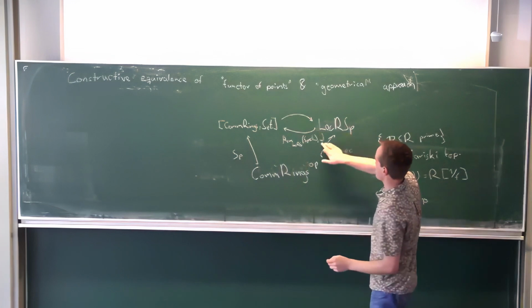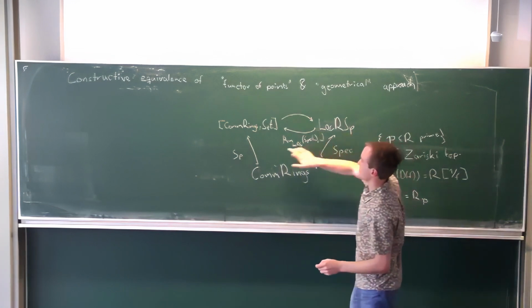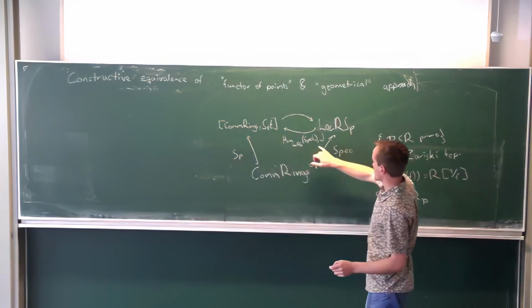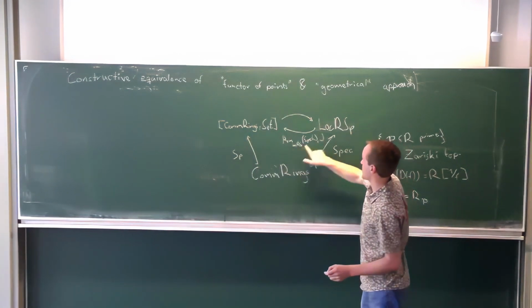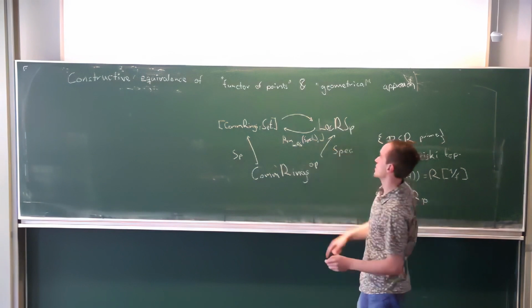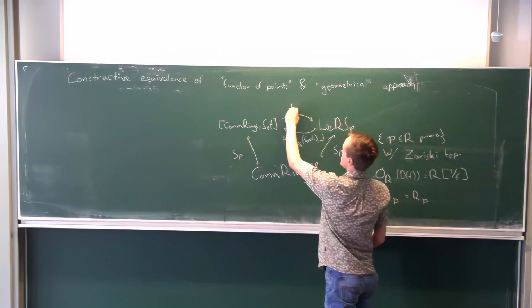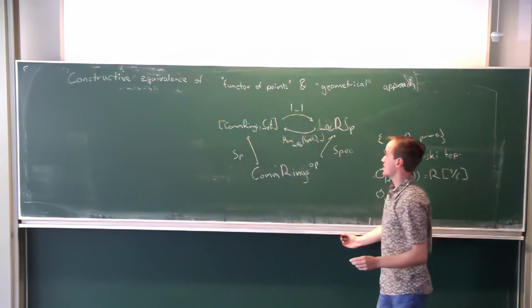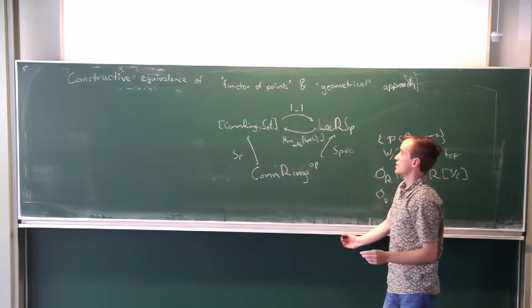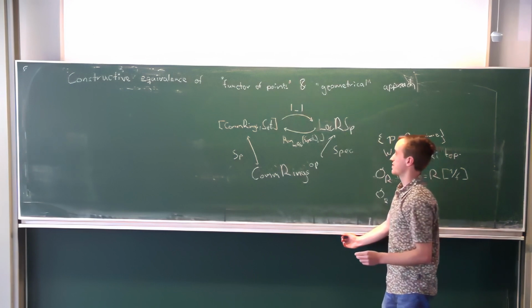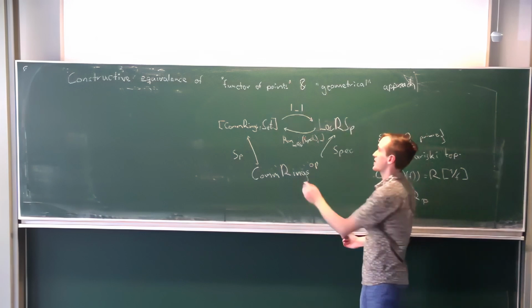So you plug in a locally ringed space here, and then you get the functor that takes a ring and plugs it into Spec here. And in the other direction, you have something which we call the geometric realization functor. I don't want to give the details now. I'll give the details of the constructive analog later.